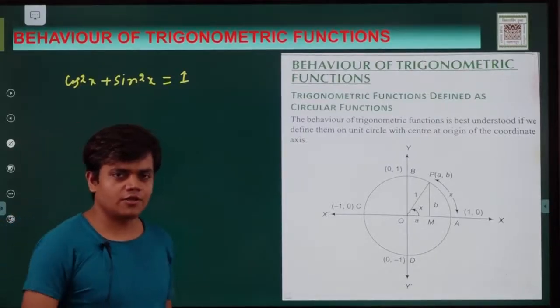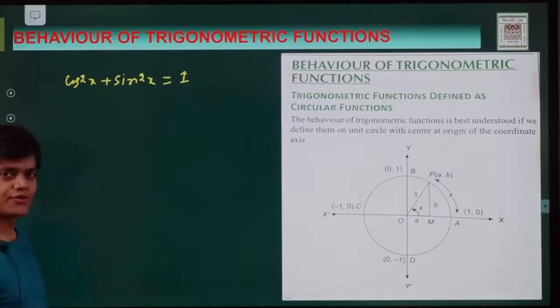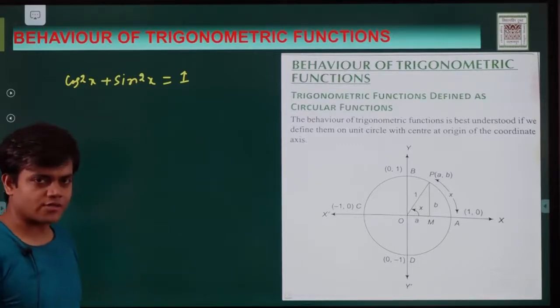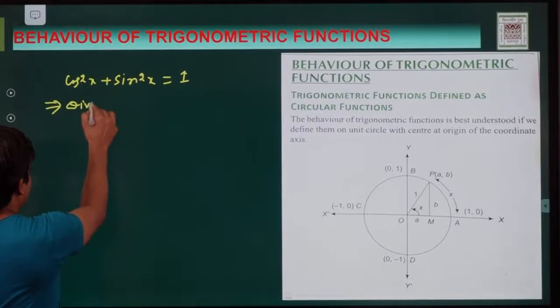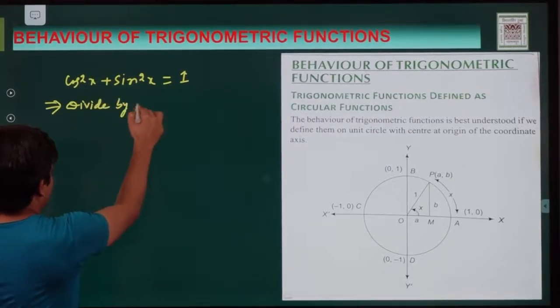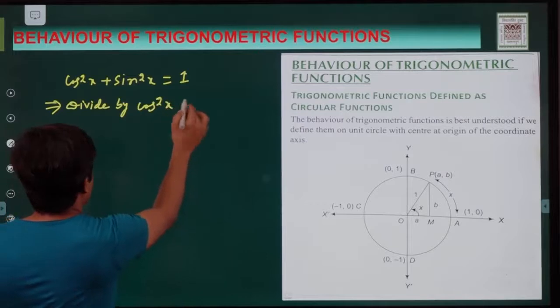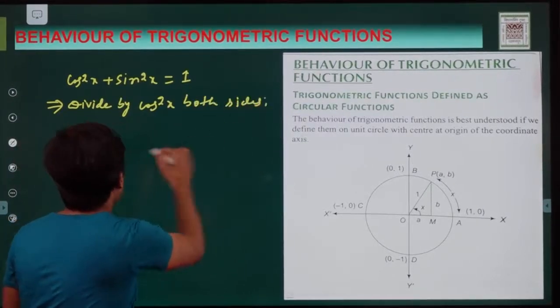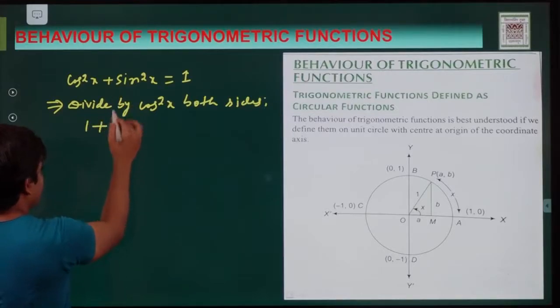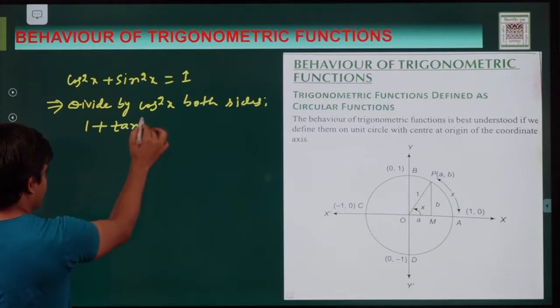So now if we divide both sides by cos square x, then what shall happen? It will become 1 plus sin square x upon cos square x. It will become tan square x.